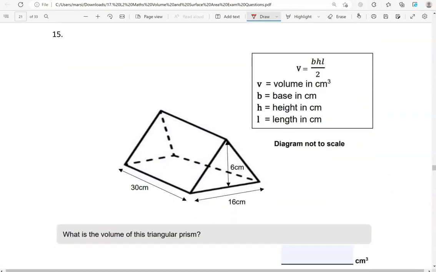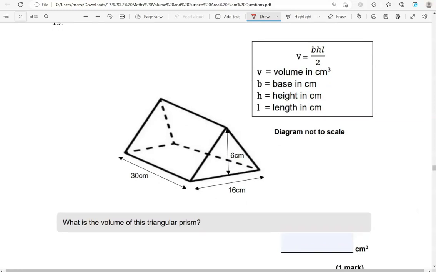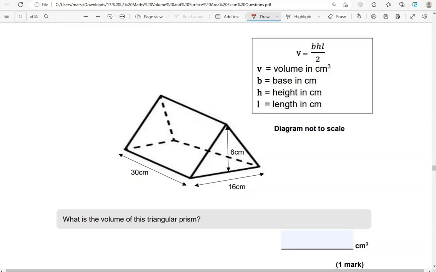What is the volume of this triangular prism? We're given the formula: V is equal to B times H times L divided by 2. So V is for volume in cubic centimeters, B is for base in centimeters, H is for height in centimeters, and L is for length in centimeters. So let's just replace these. B is equal to 16 centimeters. So that is the base of the triangle.